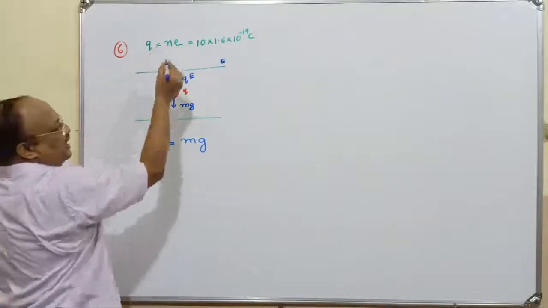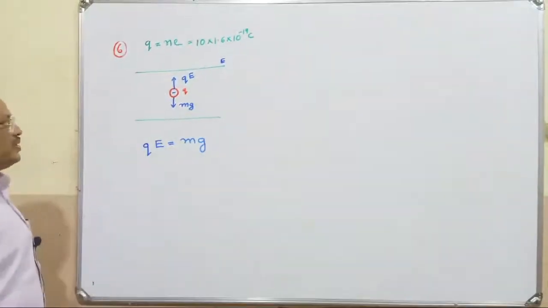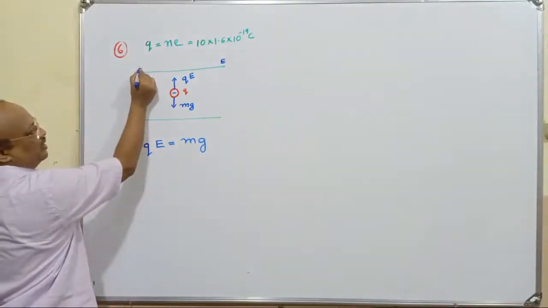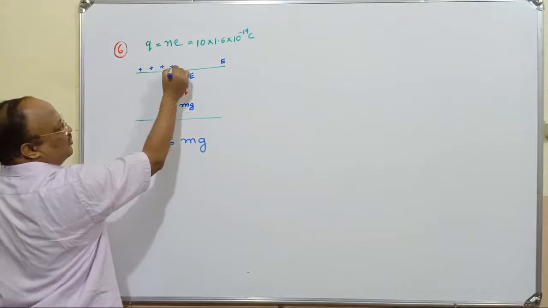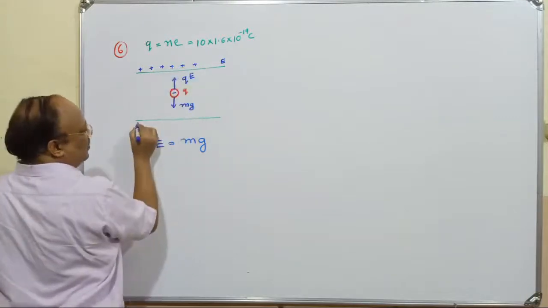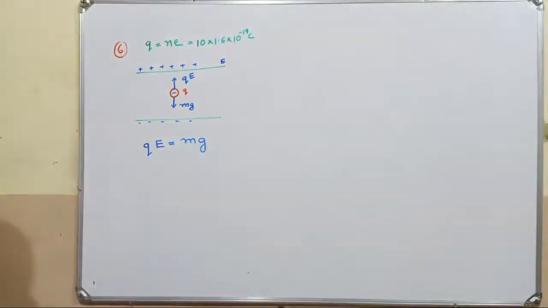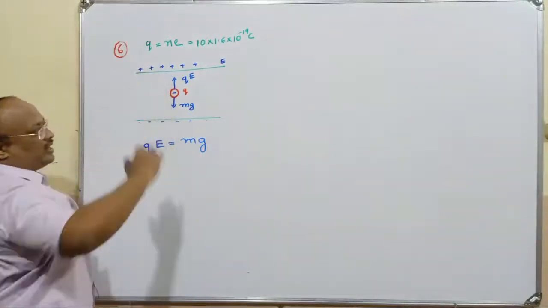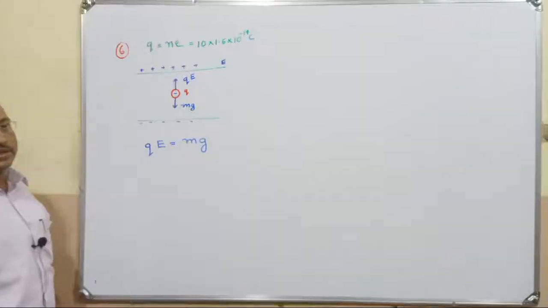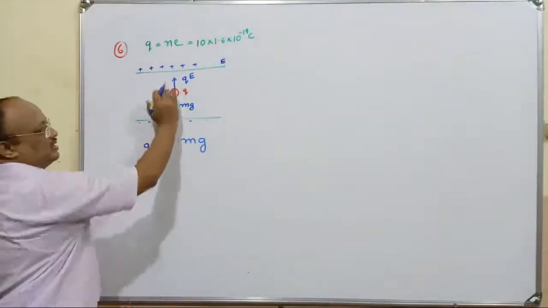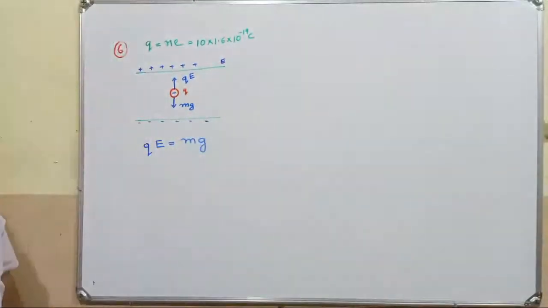It is a negative charge. Electrons means there should be a positive charge like this, which is attracting it, whereas this will be negative charge. Since it is negative charge, electrons it is attracting towards it, whereas this is repelling, so such an electric field has set up.